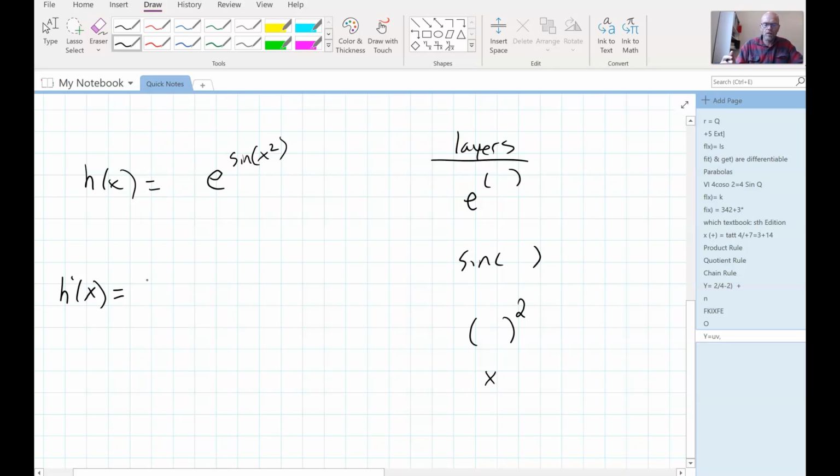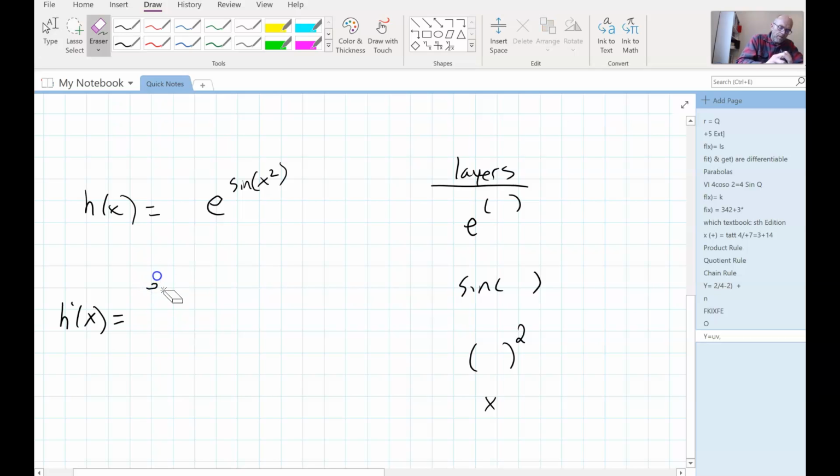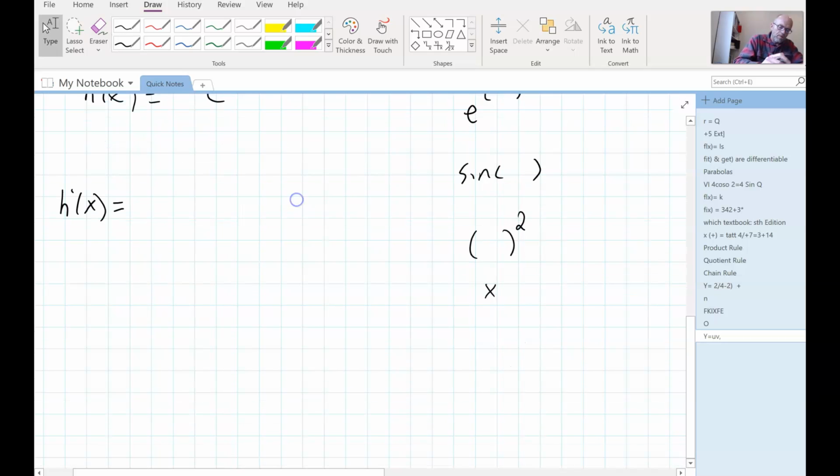Remember with the exponential rule, it's the natural log of the base times the original expression, right? But remember, natural log of e would be just 1. So the derivative of e to the is just e to the. So my first layer is e to the.